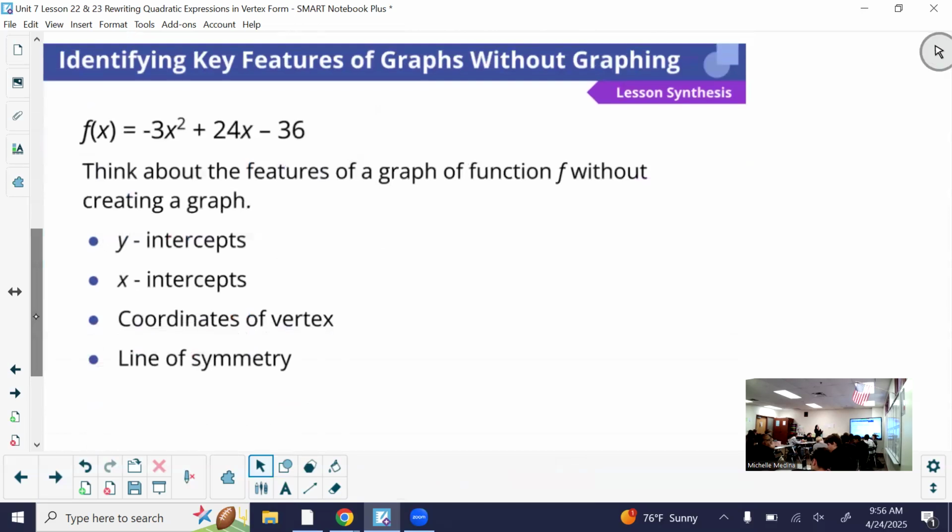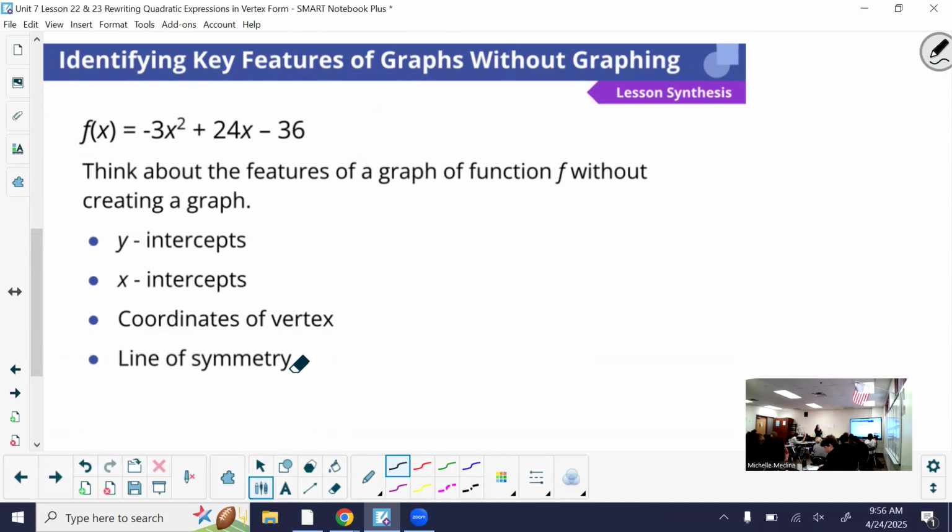All right, so think about the features of a graph of function f without creating a graph and identify each of these bullet points. Granted, we talked about in the warm-up, it showed you all the 3 different forms.